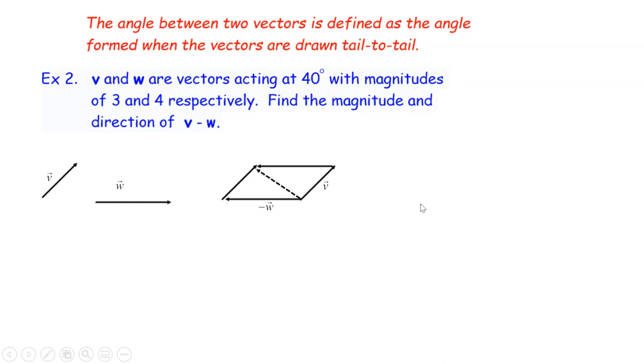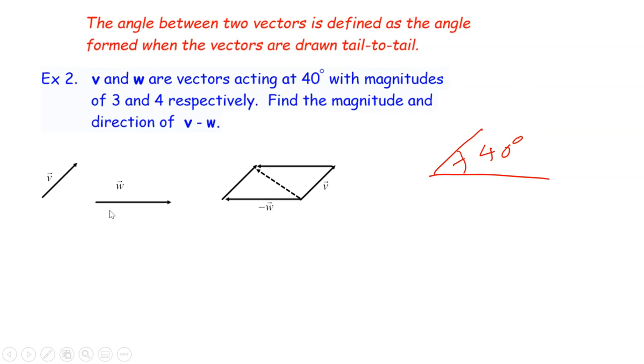Now, the original two vectors, let me just remind you, when I put those two vectors together, there was a 40-degree angle between them. So this is 40 degrees right here. So what we're trying to find now is the magnitude and direction of V minus W. So I put them tail to tail, as you can see right here. The V is going up, the W is going to the left, right?